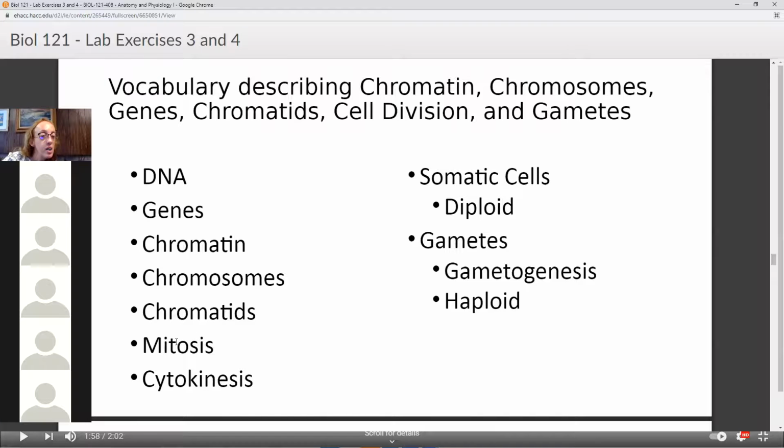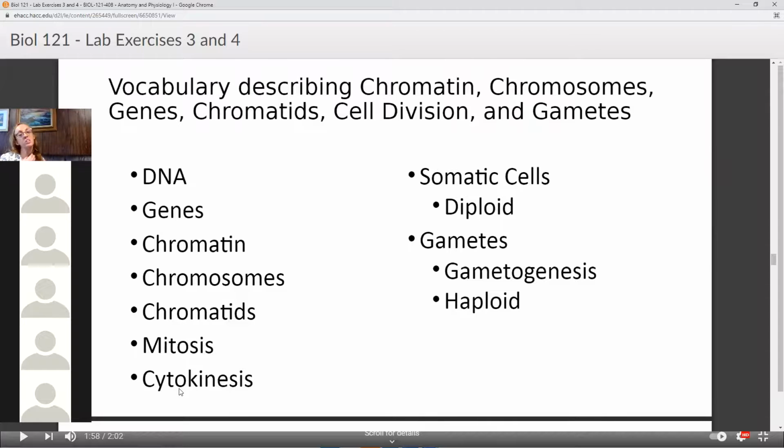Mitosis is what occurs during cell division, where half of the DNA goes to one newly formed cell, and the other half goes to the other newly formed cell. So this is a division of the nucleus and the components within it, especially the DNA.